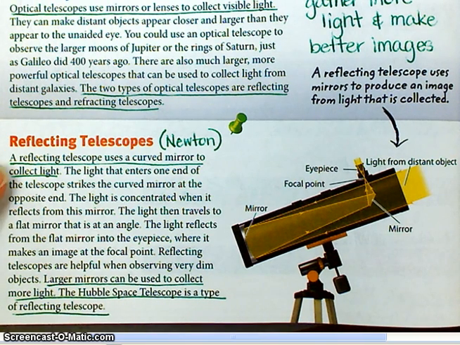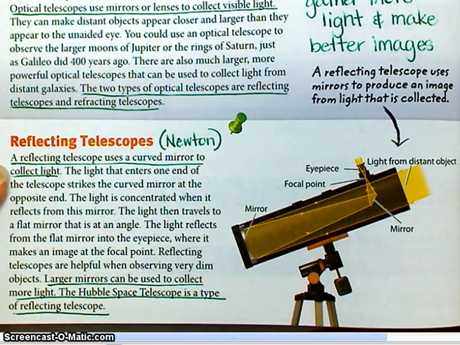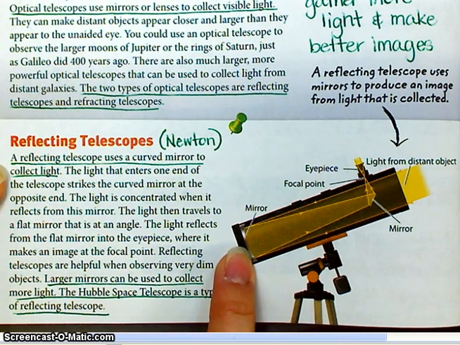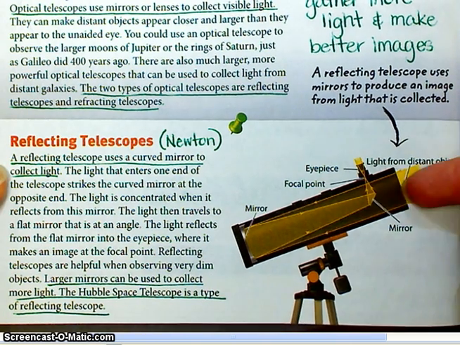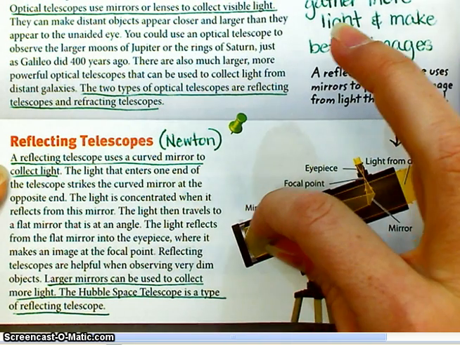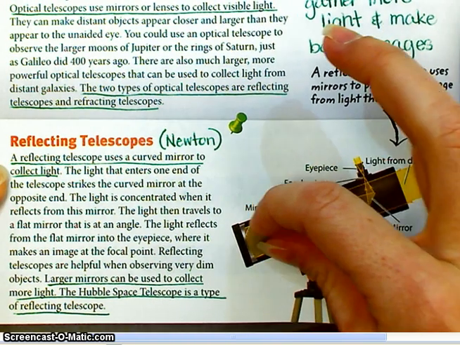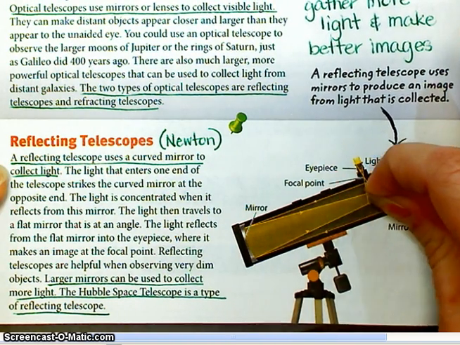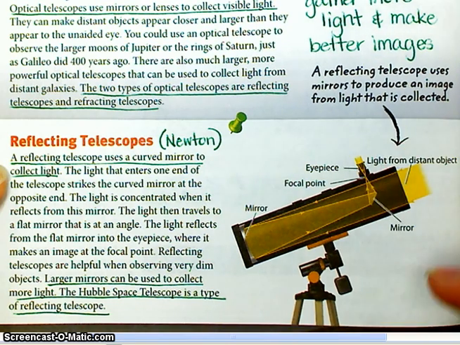So a reflecting telescope uses a curved mirror to collect the light. The mirror is curved so that when the light comes in, it hits that bent mirror and it starts to focus towards a particular point.